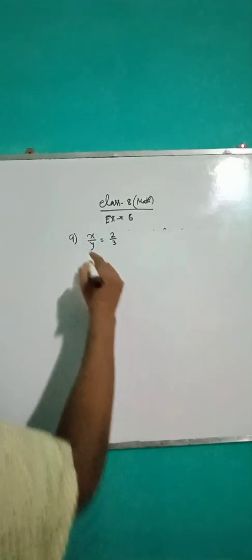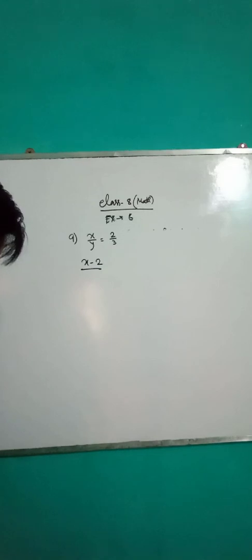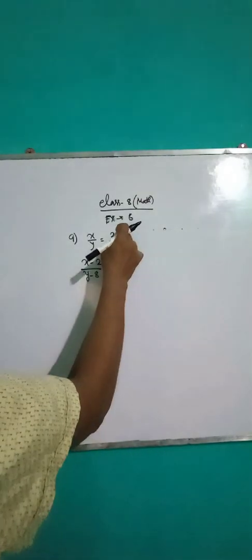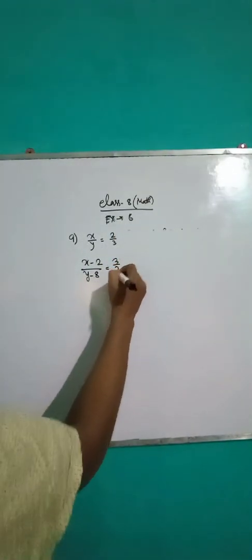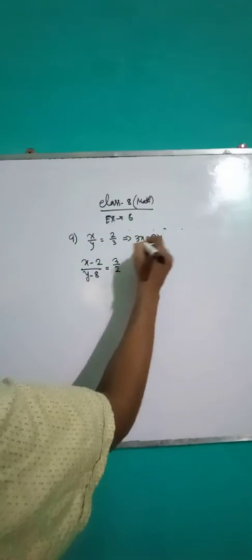Now, 2 is subtracted from the first, and 8 is subtracted from the second, and the ratio becomes the reciprocal of the original. Original reciprocal means what? Whatever I get from here, 3x is equal to 2y. That means x is equal to 2y by 3.